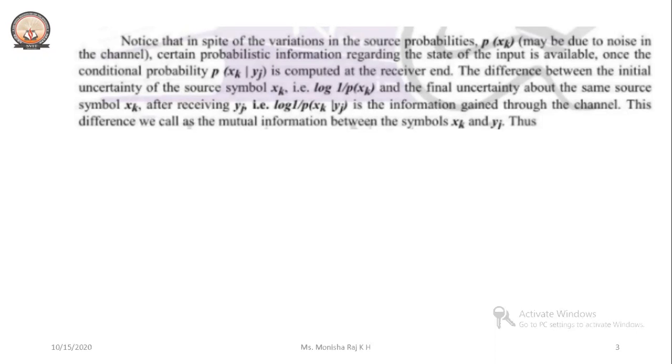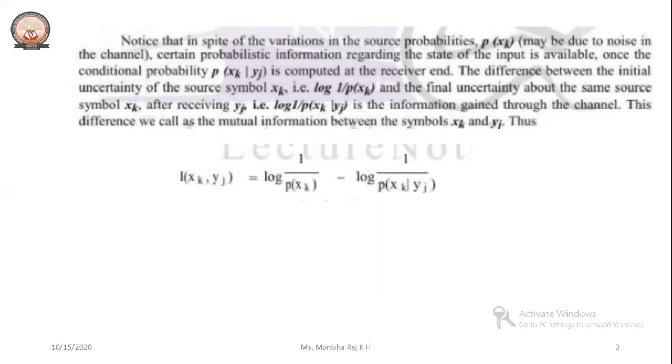The difference between the initial uncertainty of the source symbol xk, that is log of 1 by P(xk), and the final uncertainty about the same source symbol xk after receiving yj, that is log of 1 by P(xk|yj), is the information gained through the channel. This difference we call the mutual information between the symbols xk and yj.